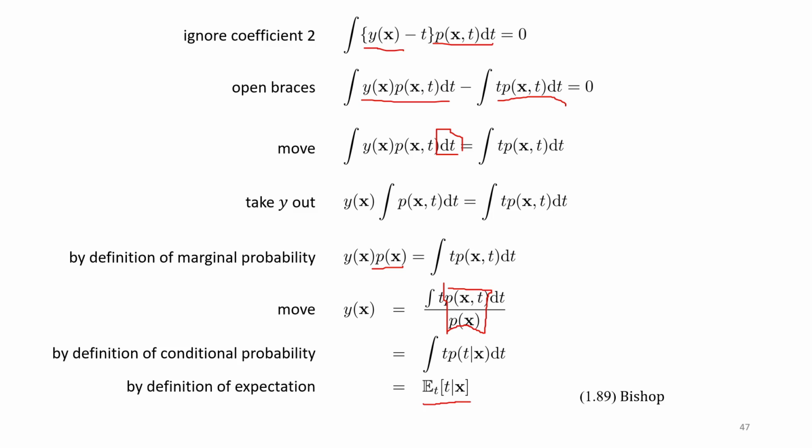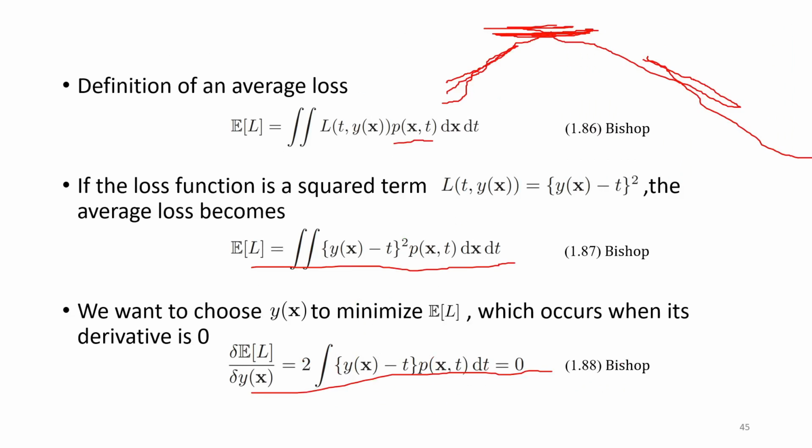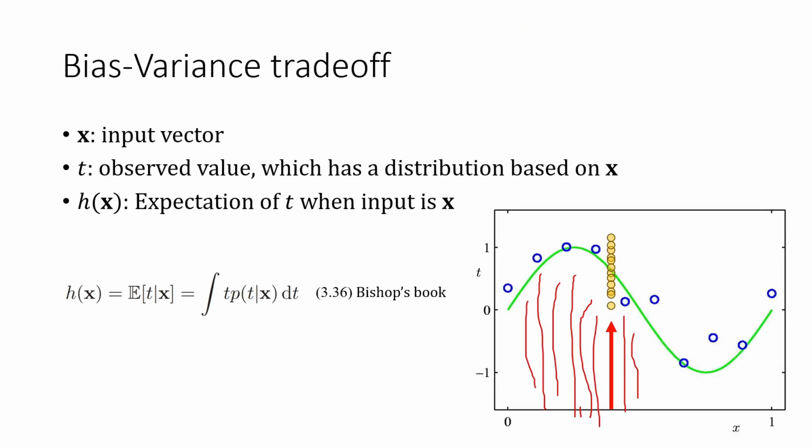So what does it mean? It means if our error function is a square term, then the minimum of the expected error is reached when y is the expectation of t. Let's go back to this figure.